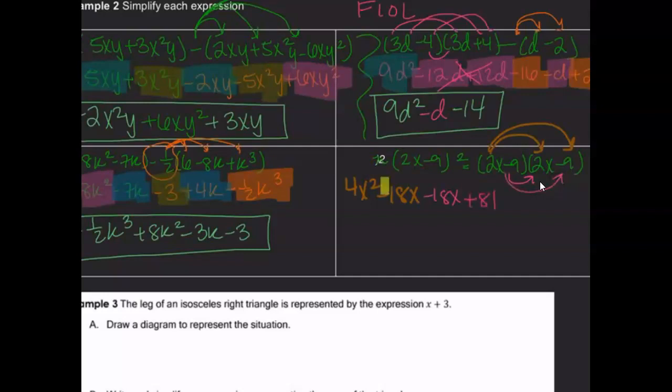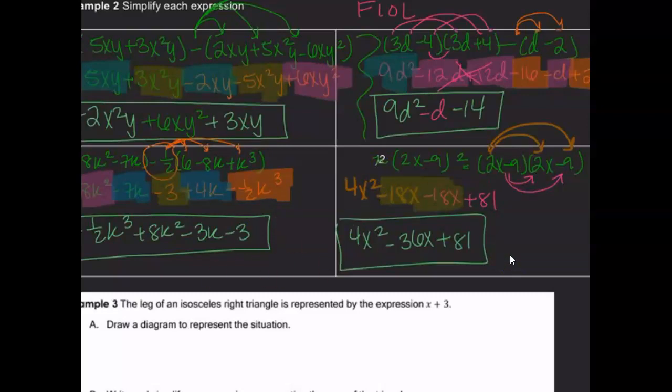Here, the only thing I can combine are my x terms in the middle, the negative 18 and the negative 18. So the 4x squared will stay the same. Negative 18 plus negative 18 is negative 36, keep the x, plus my 81. So that's all just combining like terms.